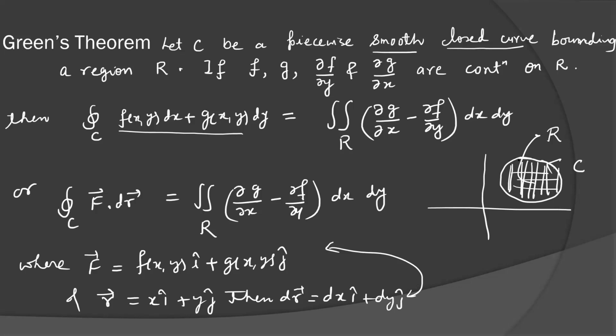So the line integral along curve C, suppose this is your circle here, is equal to the double integration over the region, which is the inside of the circle, of this expression. I'm not going into the proof of this theorem, but this is the statement of Green's theorem.